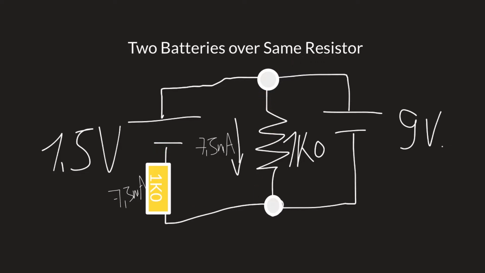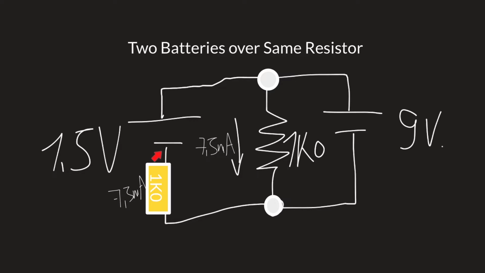And we do not have 15 volts available anyway. Even if we added 9 volt and 1.5 volt, we would get only to 10.5 volt, but never the 15 volt. So that cannot be that the current is going this way.